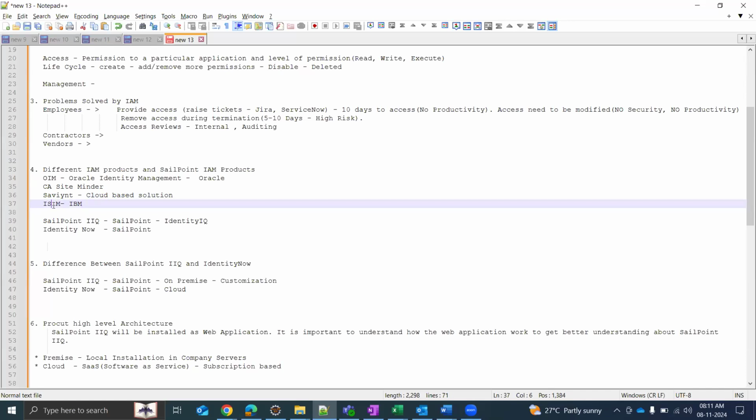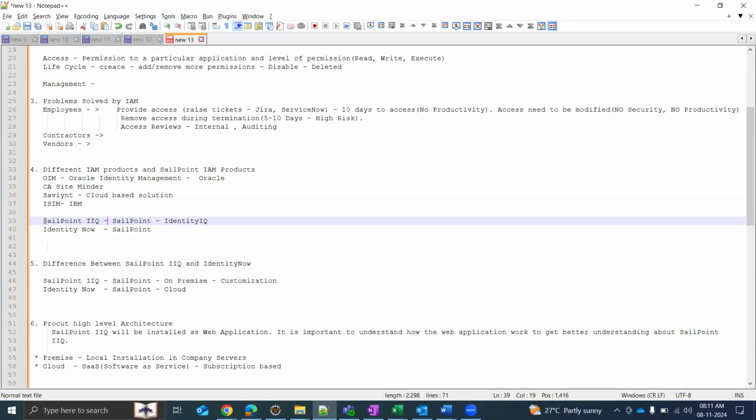And we have something called ISIM. It's called Identity Security and Identity Management. This tool is basically developed by IBM. Okay. And we know what we are going to learn, SailPoint IIQ. This is one such product, just like OIM and the others.